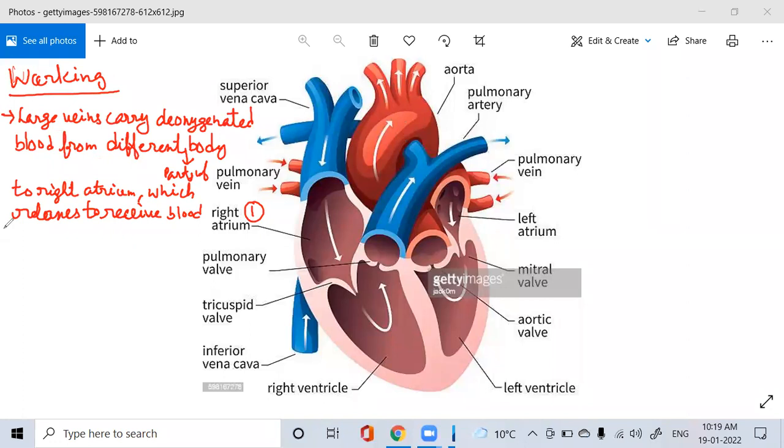what will happen? After the collection of the blood, the right atrium, firstly it was relaxed, now it starts contracting, and then pours this blood which is stored here into the right ventricle here, right?